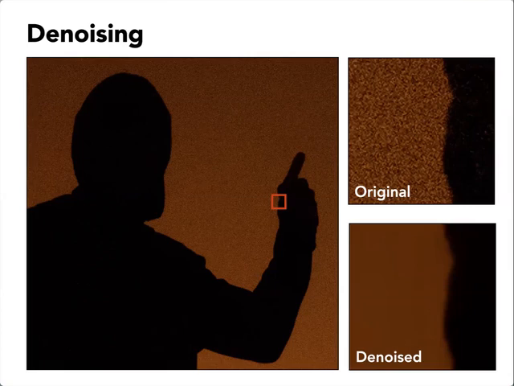Or even if the sensor were incredibly high quality in terms of being low noise, we would still have noise from the signal of the photons themselves, right? Because of the statistics of photon arrival, shot noise or Poisson noise. These are all synonyms that we use. So that's why we have this kind of graininess.